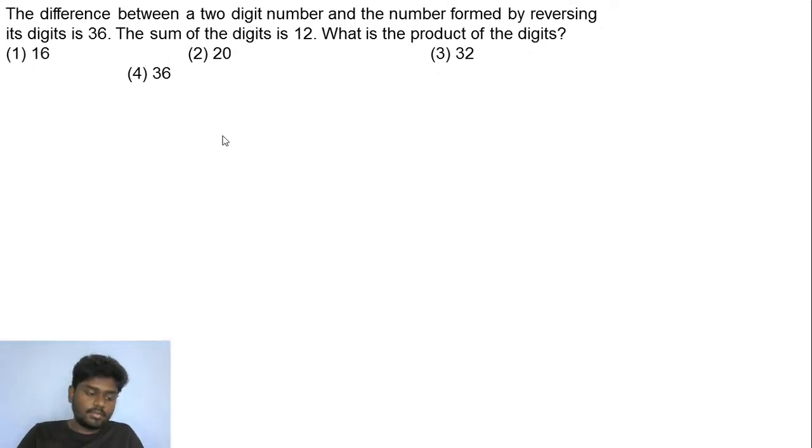So we'll try to do this quickly, guys. Listen. The difference between a two-digit number and the number formed by reversing its digits. As we know, we have taken the two-digit number to be 10x plus y. And if I try to reverse it, I'll be getting 10y plus x.